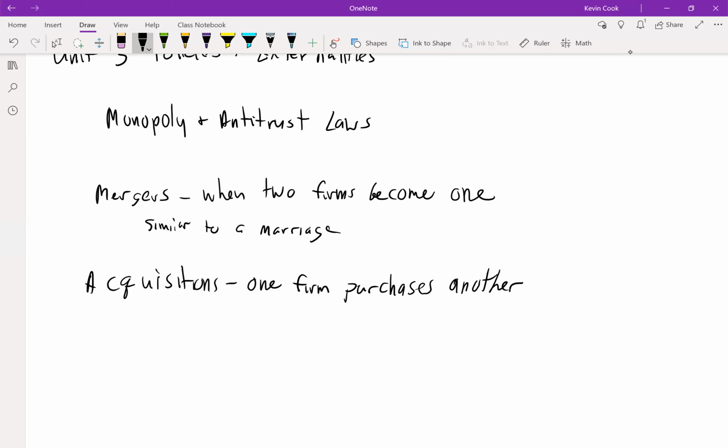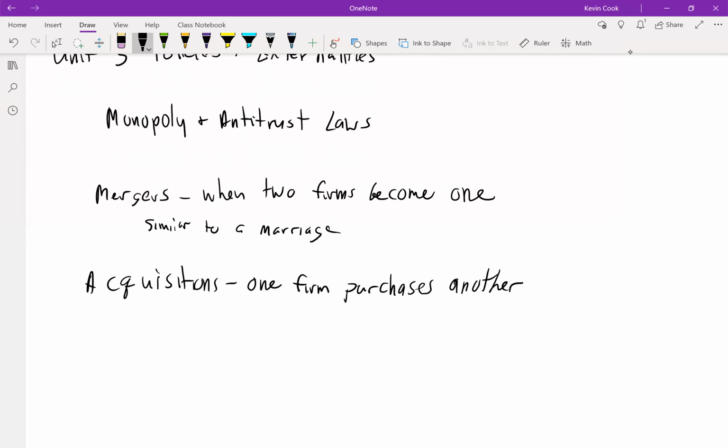And if you're looking for real life examples of them, just be wary of the terminology because they're oftentimes used interchangeably. You see a lot more acquisitions than you do mergers, but you'll often see the phrase merger used in the news in place of an acquisition.